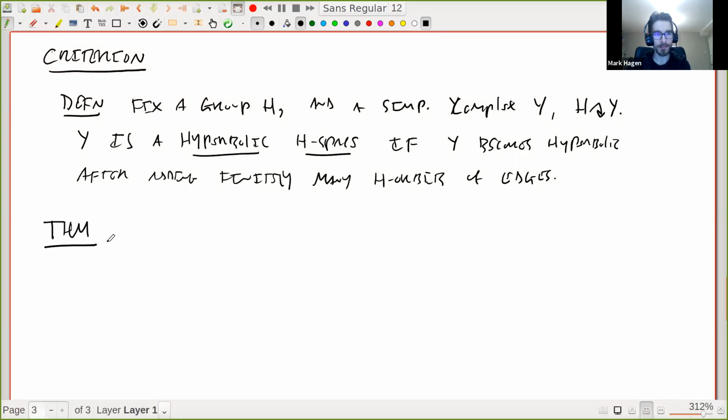So we're going to start out with a flag complex. That's a simplicial complex where anytime you see a complete graph in the one skeleton, its vertices actually span a simplex.